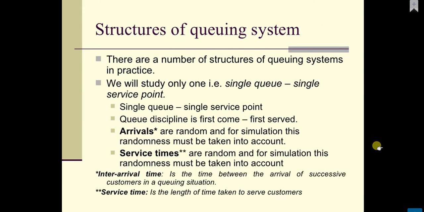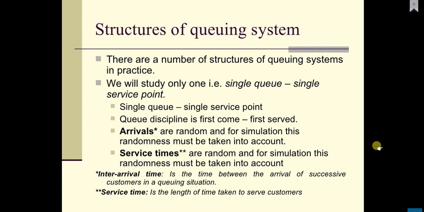There are a number of structures of queuing systems in practice. We will study only one, that is a single queue and single service point. Queue discipline is first come, first served. That means if some customer has stood up in the queue, as his number comes, he will be served first. Arrivals are random, and for simulation this randomness must be taken into account.